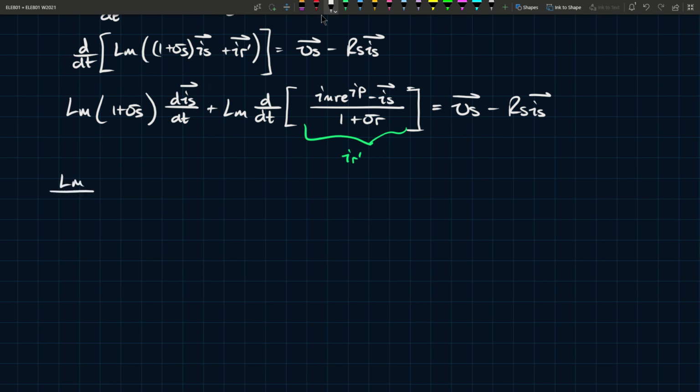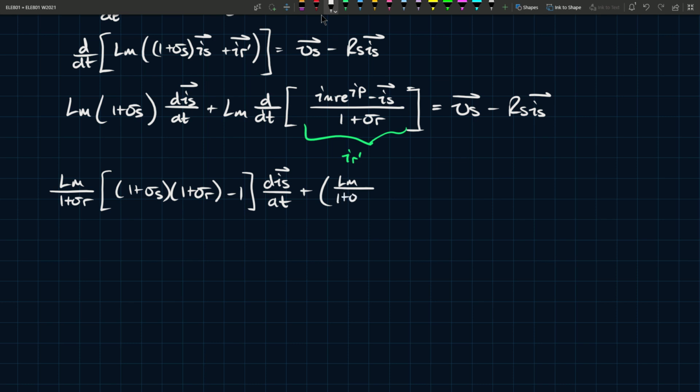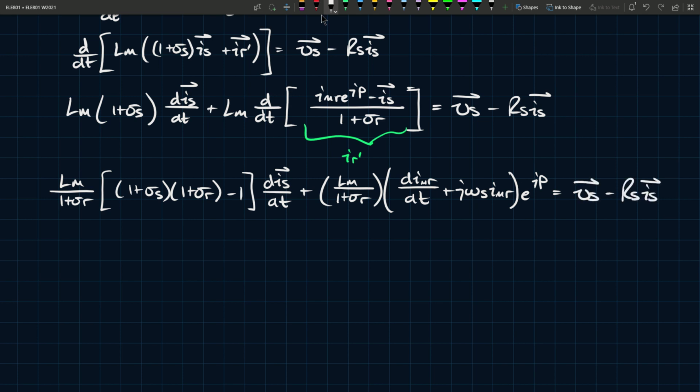We'll say Lm over 1 plus sigma r and 1 plus sigma s, 1 plus sigma r minus 1, dis by dt plus Lm over 1 plus sigma r, dimr by dt plus j omega simr e to the j rho, and this is equal to Vs minus Rs Is.